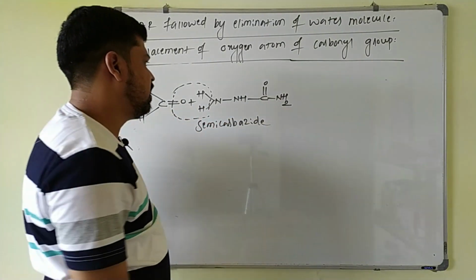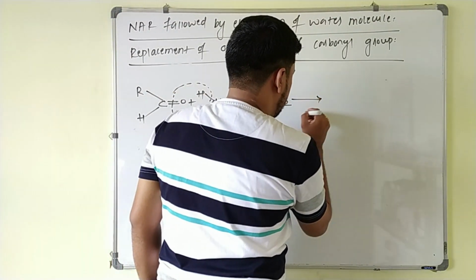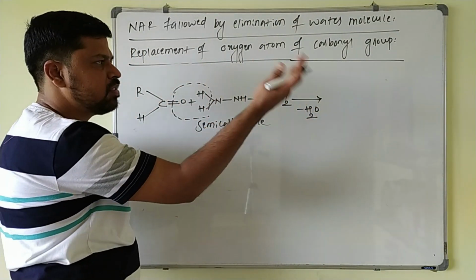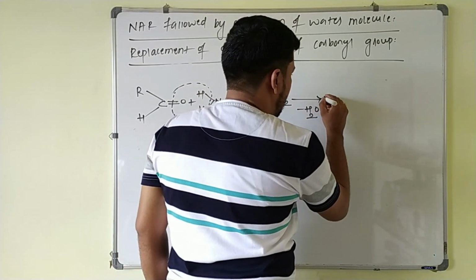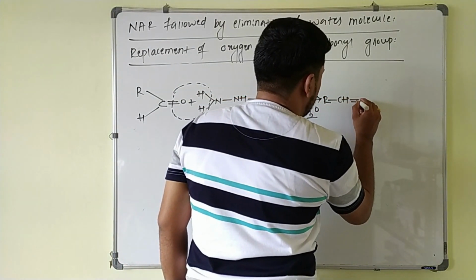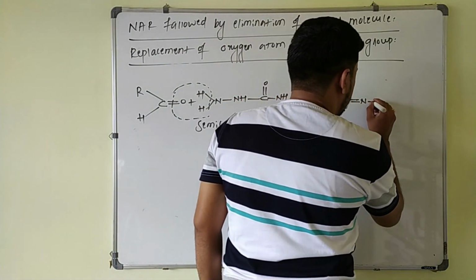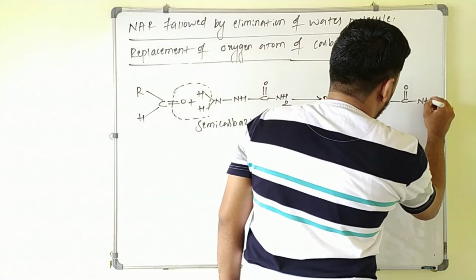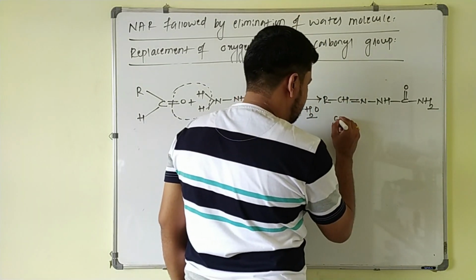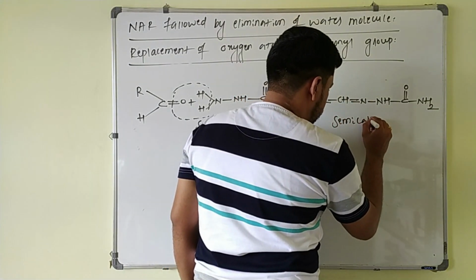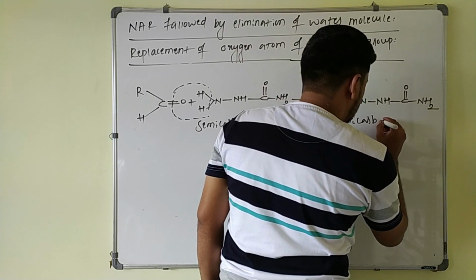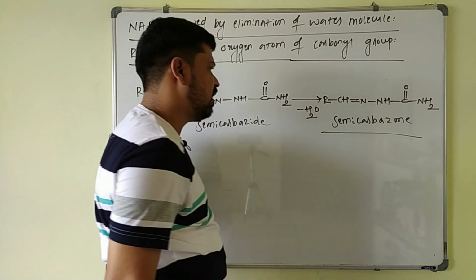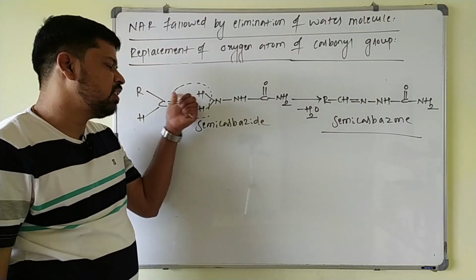These two are connected with a double bond, so eliminate a water molecule, you will get semicarbazone. Semicarbazide gives semicarbazone. R, CH double bond N, this is NH, CO, NH2. This is called semicarbazone. So these are the reactions of derivatives of ammonia with aldehyde.